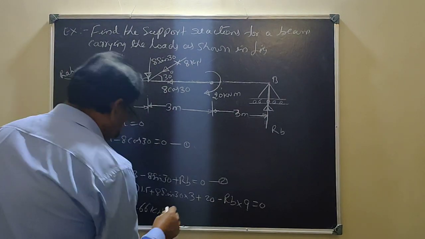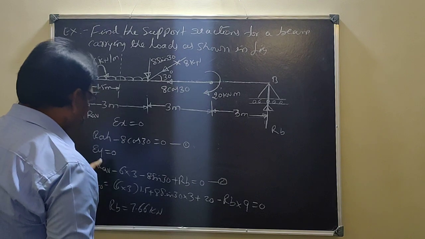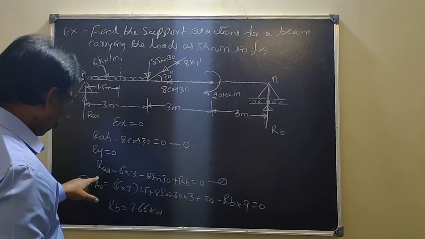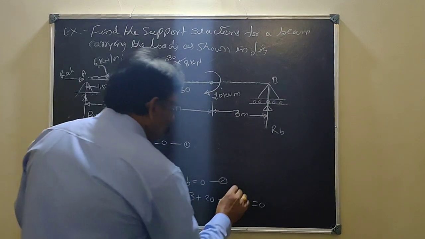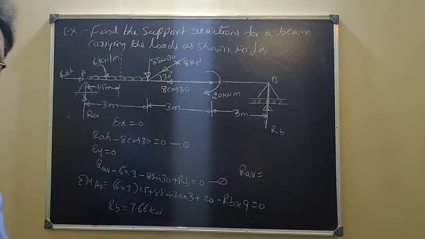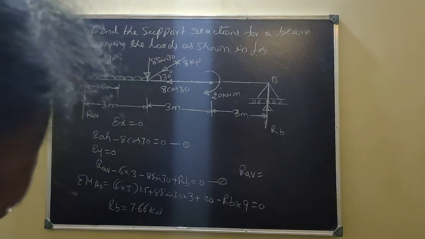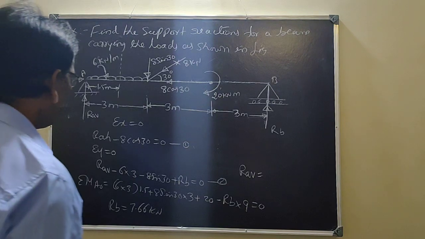If you substitute this RB back in the above equation, then after simplification RAV is equal to 22 minus 7.66, that will be equal to 14.34.